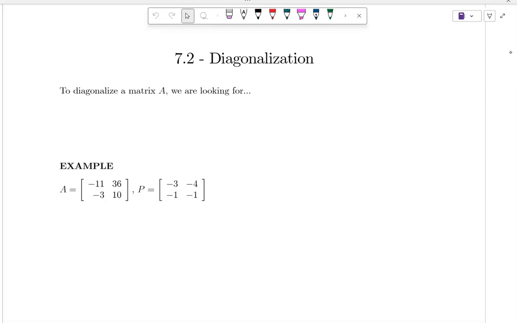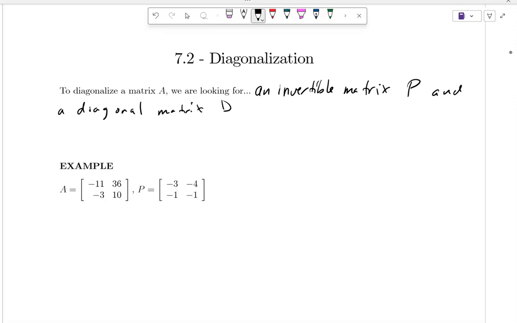So when we're talking about diagonalizing a matrix, we're looking for an invertible matrix, which we typically refer to as P, and a diagonal matrix D, such that if I do P inverse A P, I get D. Or I could write it the other way.